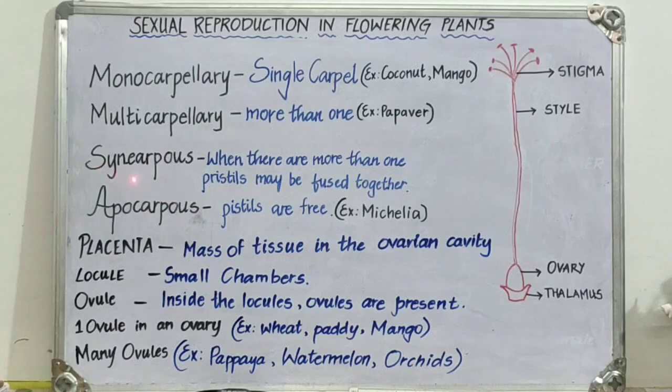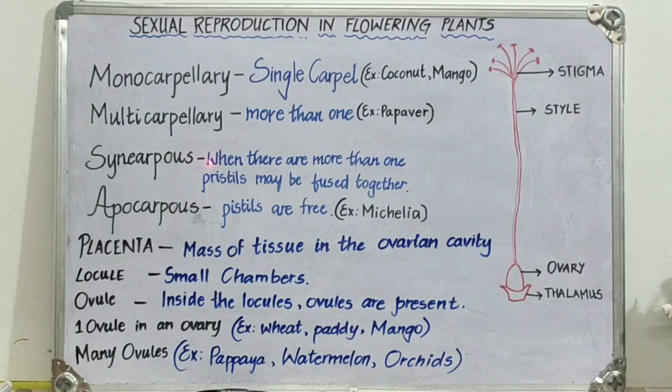Syncarpous means when more than one pistil is fused together. Just as we fuse our fingers together, the pistils will be in fused condition. This fused nature of pistils is called syncarpous.